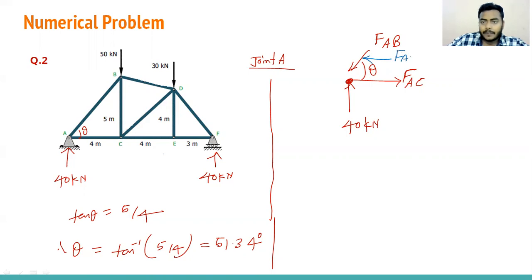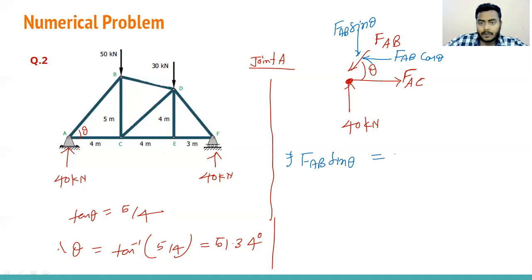This we can write FAB cos theta, and this FAB sin theta. So directly we can write FAB sin theta is equal to 40 kilonewton.